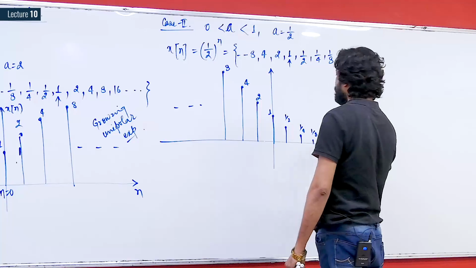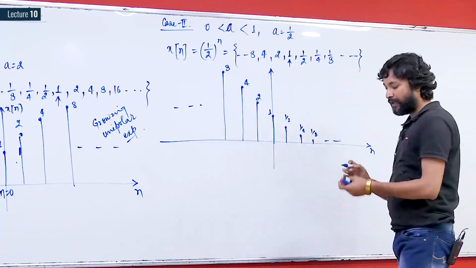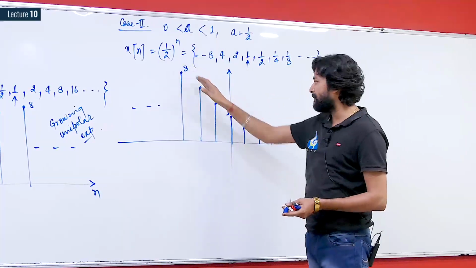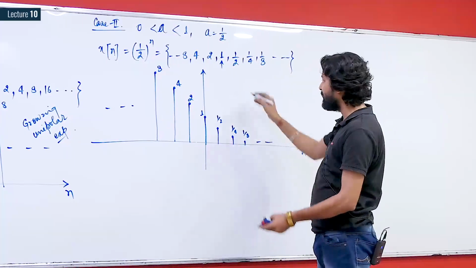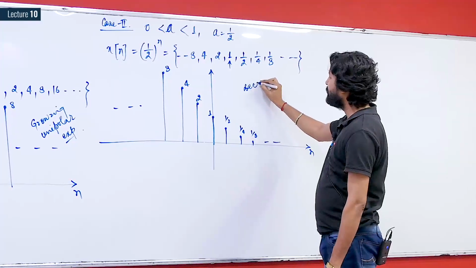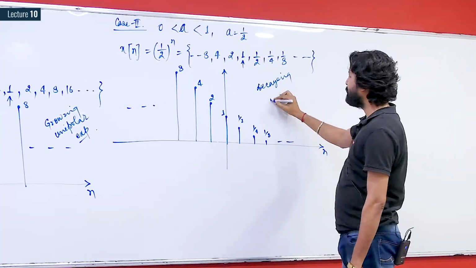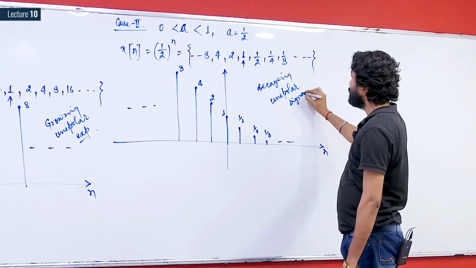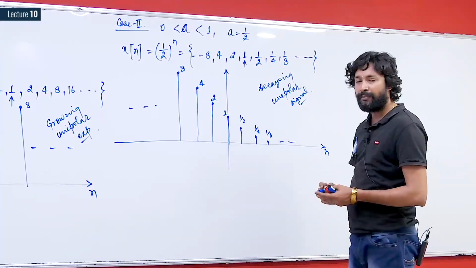So again it is a decaying exponential. If the value of a is between 0 and 1, you again have a unipolar signal, decaying but with only one polarity, that is positive values.